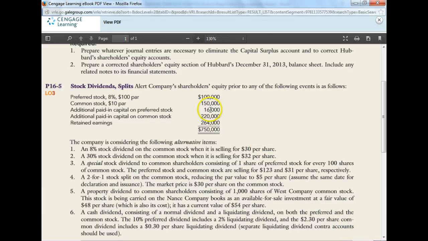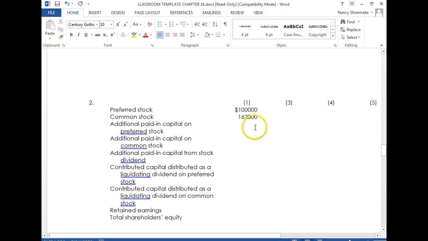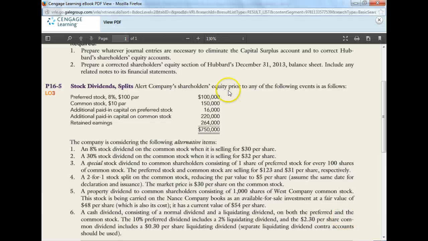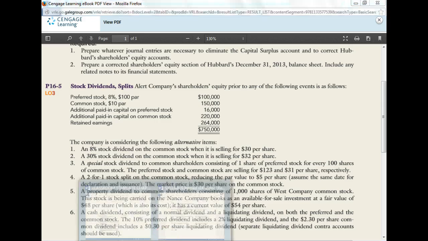How much was our additional paid in capital on preferred stock? In the book, it said 16. Do you guys see where I'm looking? So that was 16. Additional paid in capital on common stock, what is this here? 220, right?